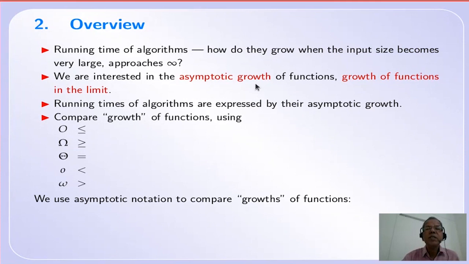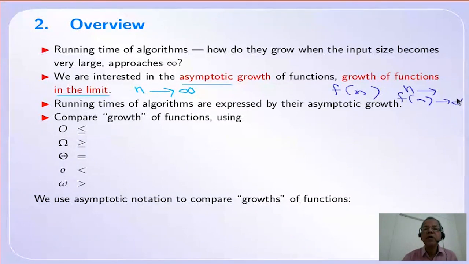We are interested in the asymptotic growth of functions. This word asymptotic simply means in the limit. When n becomes very large, we know that suppose we are given a function f of n, as n increases, f of n also increases.